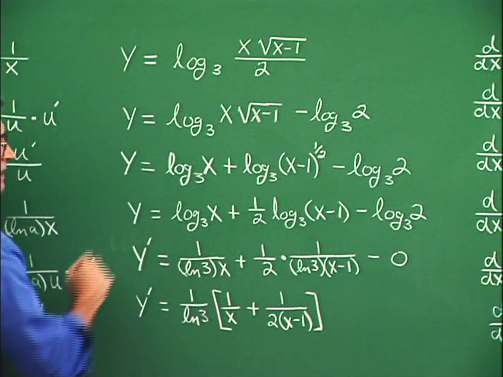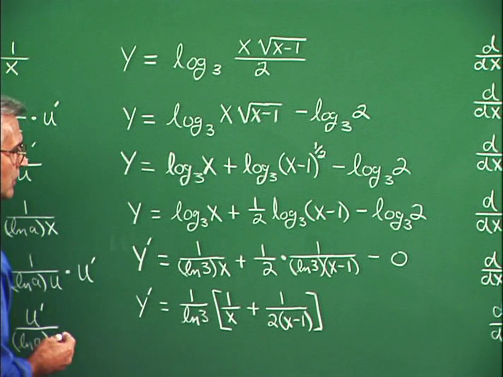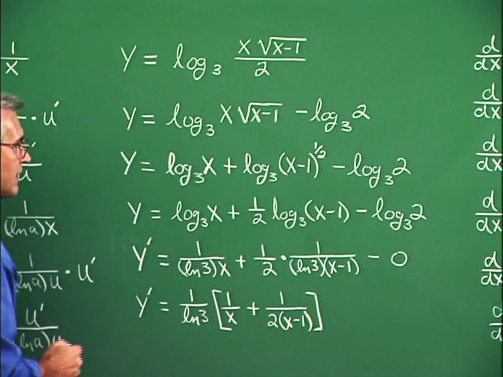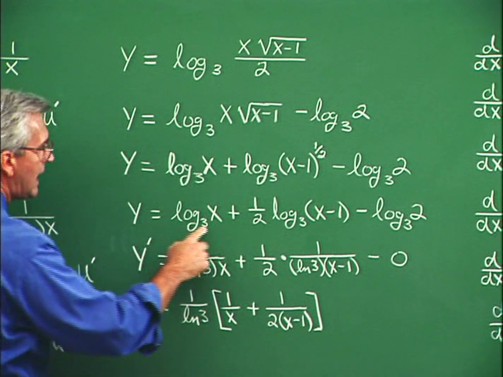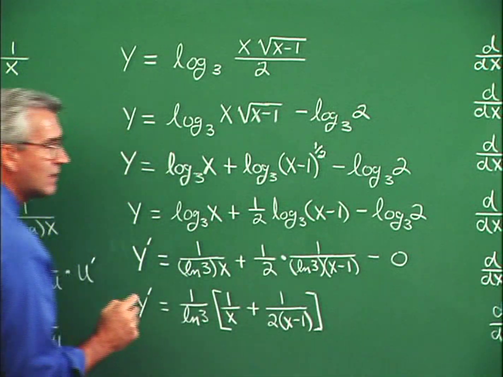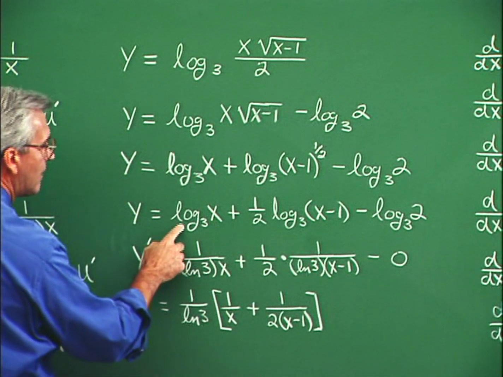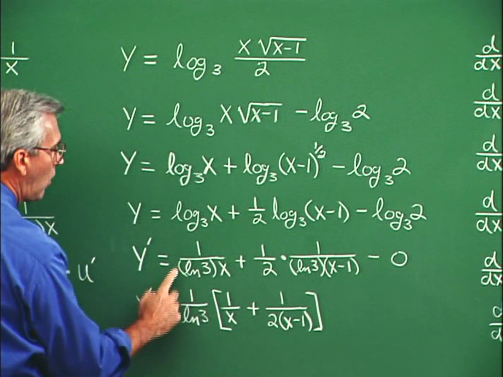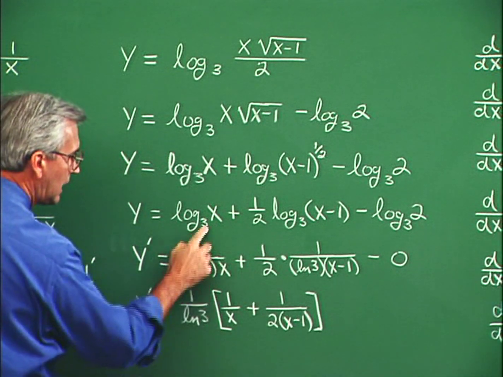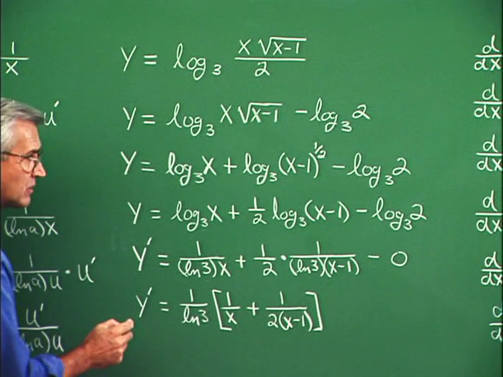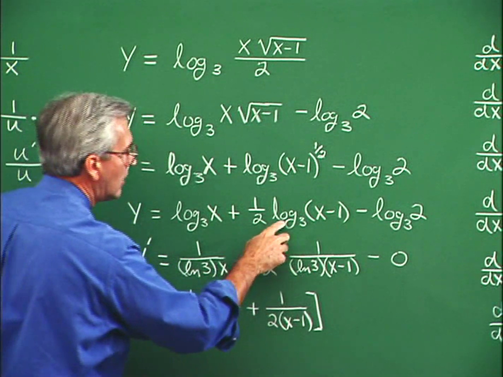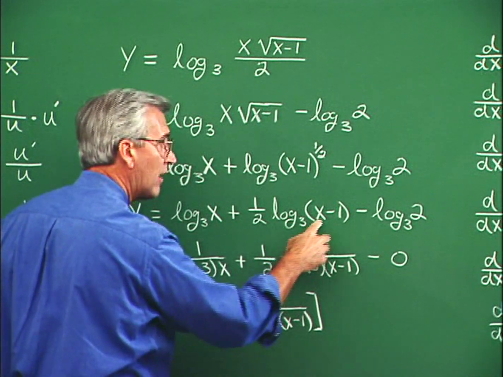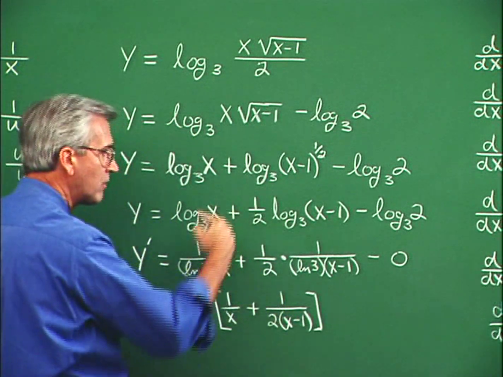I'm putting in all the steps here just so there'll be no confusion, but you can certainly eliminate a couple of these steps. Well, let's see, when we take the derivative now, we're taking the derivative of each of these. And so the derivative of log base 3 of x is 1 over ln 3, ln of that base, times the x. And here we're using the idea of this being log base a of u. You see, we're using that form from over here.